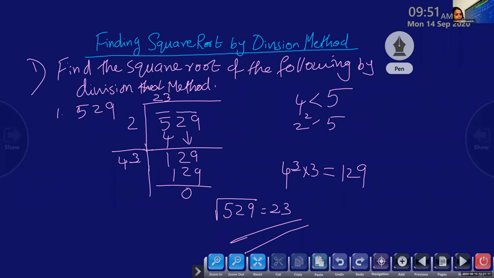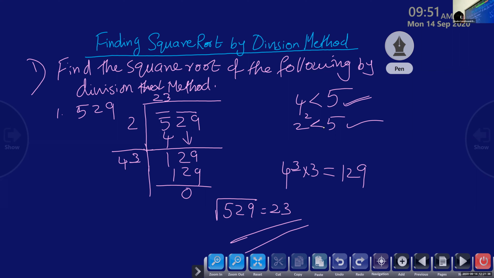Since it is not a perfect square, take the perfect square number just below it. Here it is 4. 4 is less than 5. 4 we can write as 2 square. 2 square is less than 5. And that 2 will be our first quotient and first divisor.